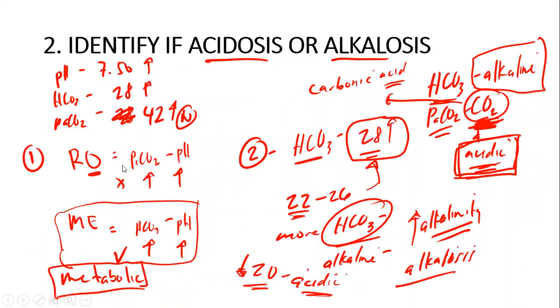So now we already identified that this is alkalosis. So this is metabolic alkalosis, right? Next is to identify if it's compensated or uncompensated. So in step 3, we have to take a look at the other organ, because if it's compensating, then your other organ has to be compensating. Now, remember that there are only 2 organs involved here.